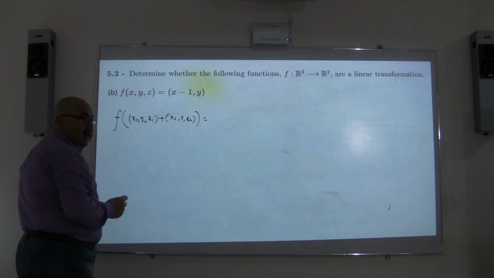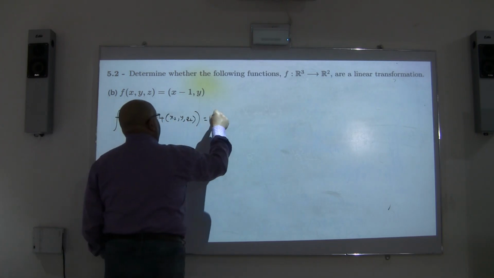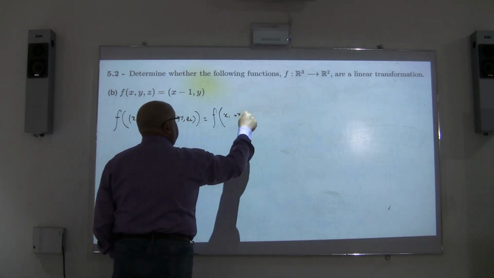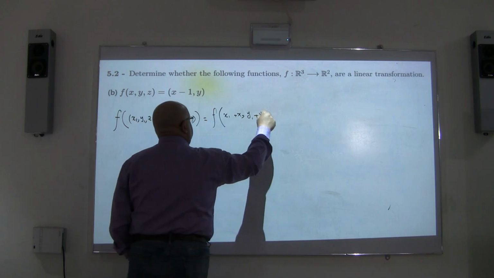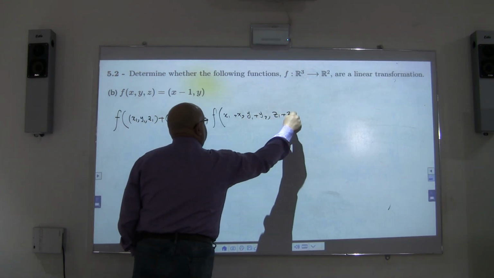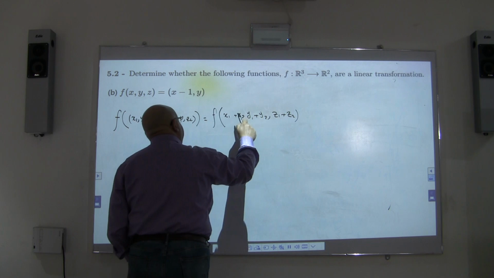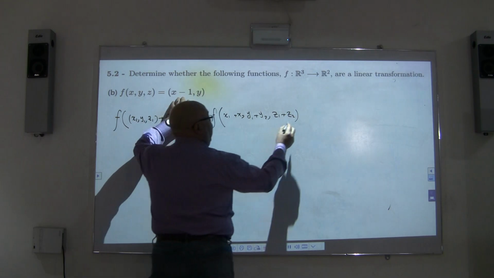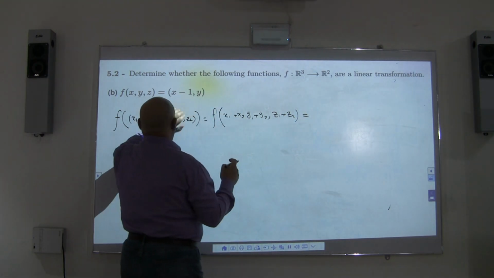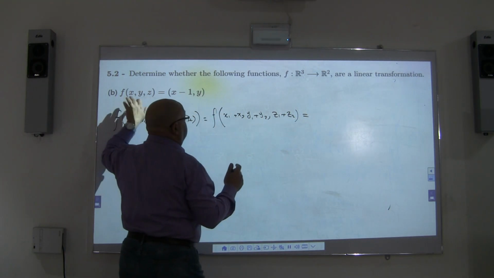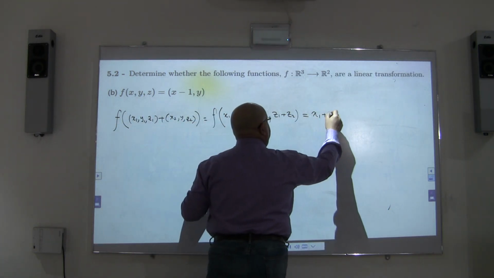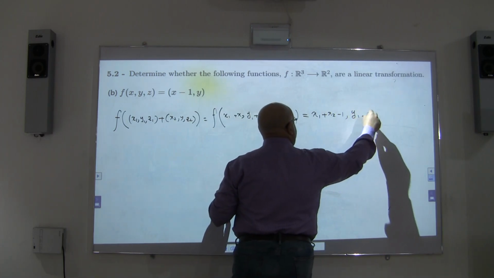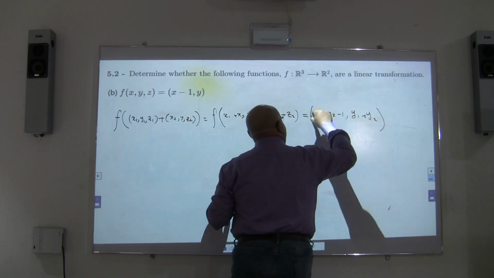When I add these together, I get a function whose first component is x1 plus x2, simple logic, then y1 plus y2, z1 plus z2. This is the input. The output has to be the first component minus 1, so it's x1 plus x2 minus 1 and y, which is y1 plus y2. That's the image.